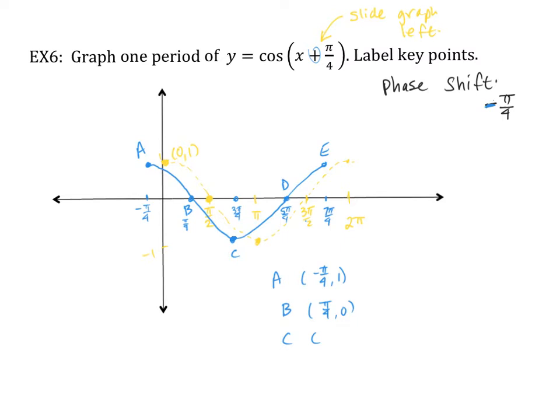So instead of pi, now we're 1 little fourth of a pi less than that. So we're at 3 pi over 4 and -1. So instead of 3 pi over 2 here, we're a little pi over 4 less than that. Instead of 6 pi over 4, we'd be at 5 pi over 4 and 0, and then getting back to 7 pi over 4. All right, so there's the key points. So that's the idea with phase shift.